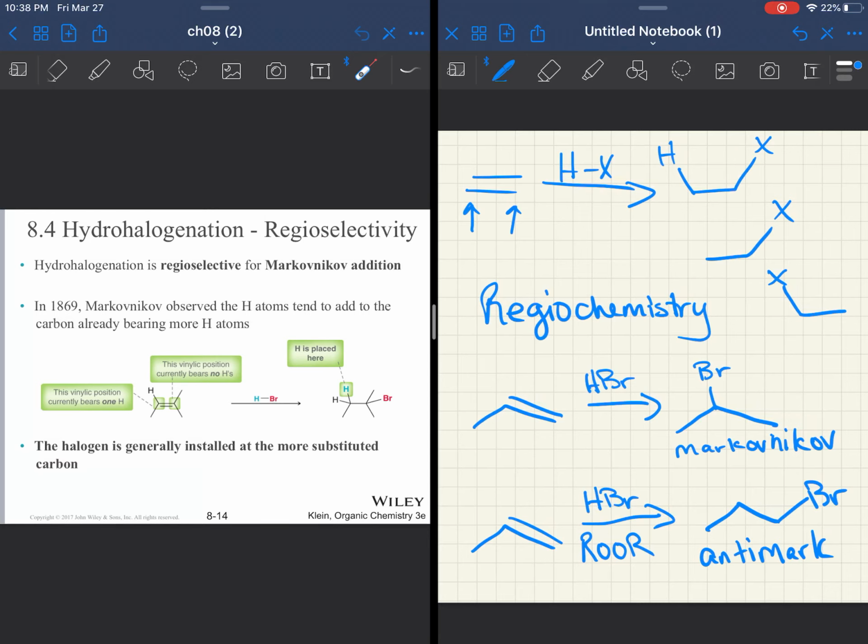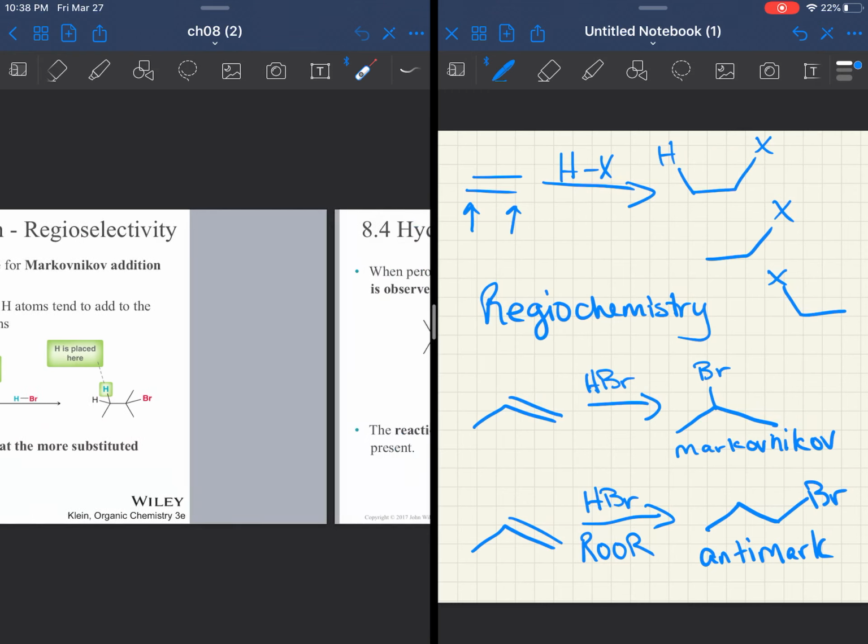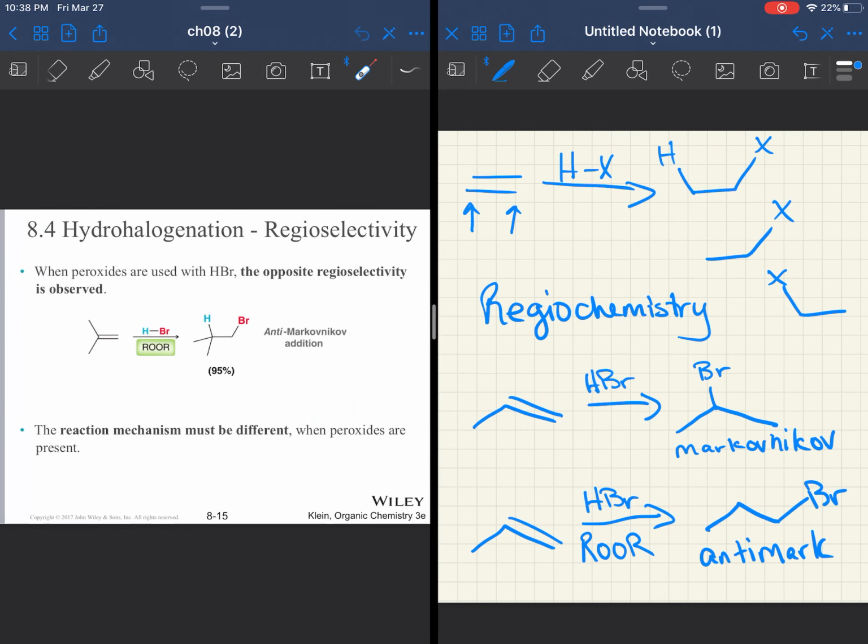You see the same thing here in this example, right? Instead of starting with 1-propene, here we're looking at a 2-methyl-2-butene. And the bromine can go to the more substituted or less substituted place. But you notice we get the Markovnikov product. Bromine going to the more substituted side, the H going to the side where there's more H's. When we look at the mechanism, we'll understand why that is.